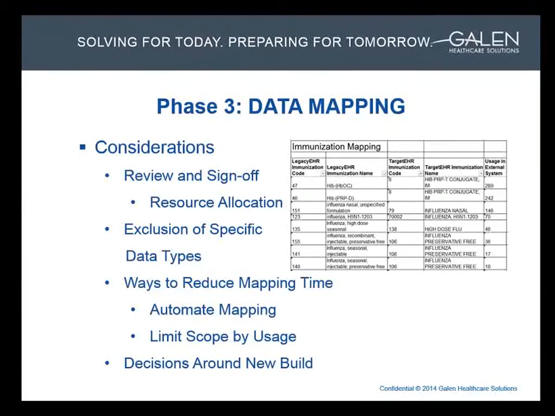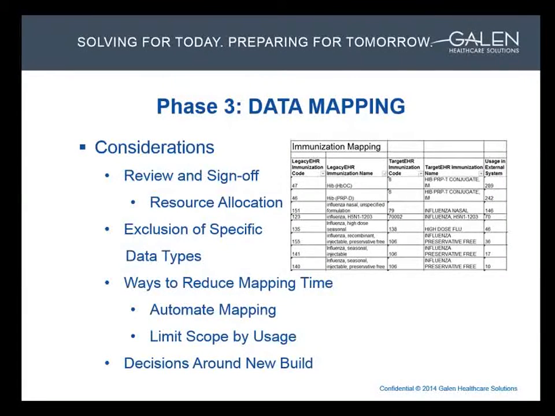Sometimes, however, even with automating some of the mapping, the client may also decide to limit the scope to reduce mapping times. Some target EHRs allow for us to import unmapped records and have the end users reconcile the data when they are in the patient's chart. If this is the case, we often recommend that we don't map anything under a certain number of occurrences from the legacy system.